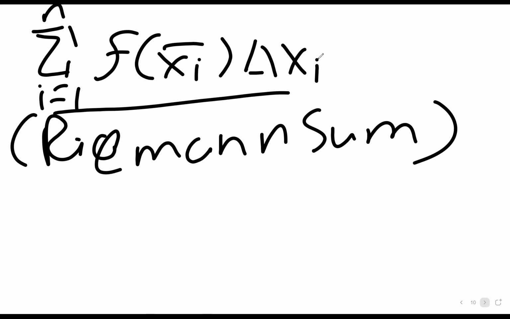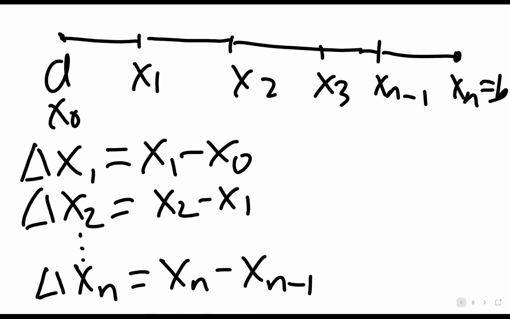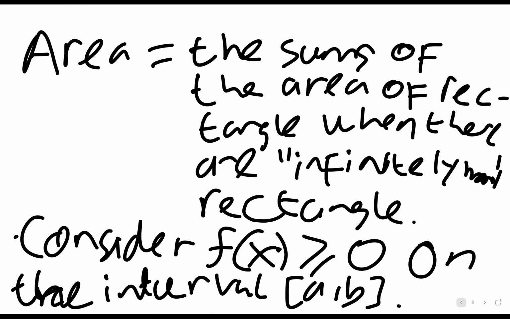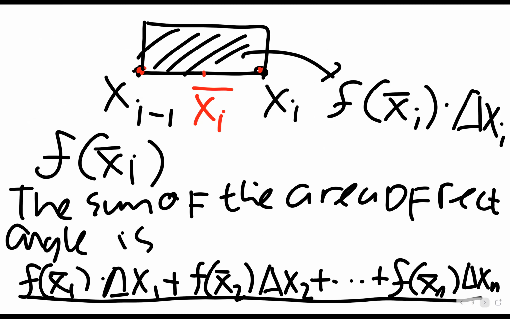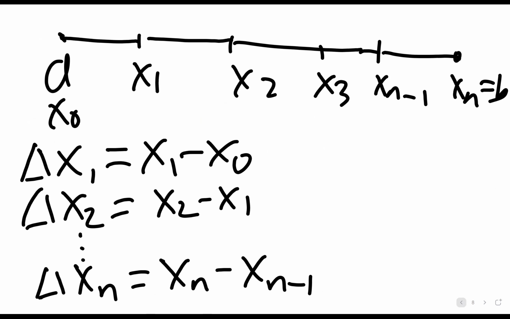And if I take many subintervals, in this case, I will take the limit as n tends to infinity, right? The limit as n tends to infinity means the width of the subintervals is getting smaller. So delta x1 tends to 0, delta x2 tends to 0, delta x3 tends to 0, and delta xn tends to 0.